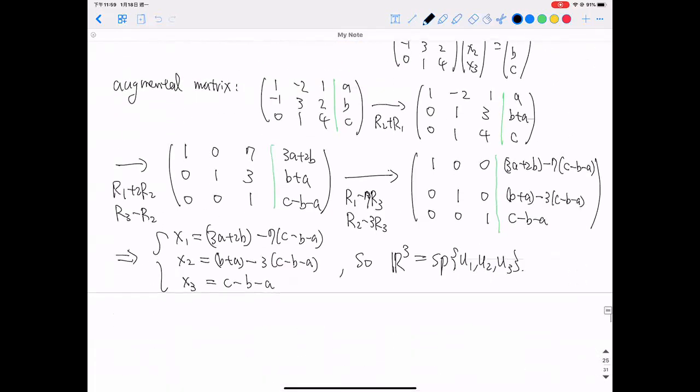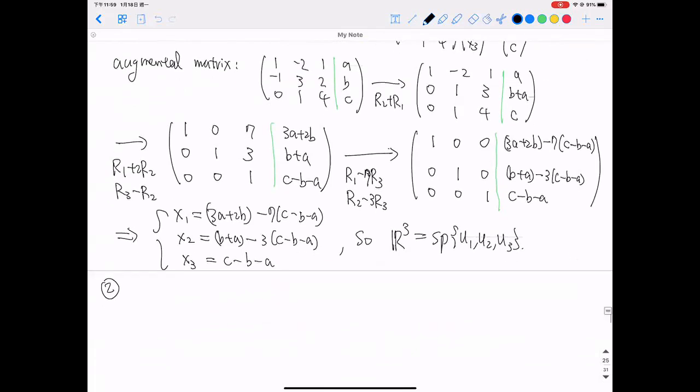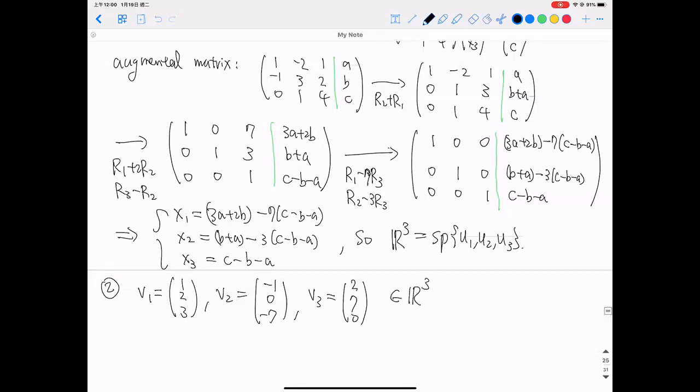Now let's take another example. v1: 1, 2, 3. v2: minus 1, 0, minus 7. v3: 2, 7, 0. Again, these are vectors in R3.